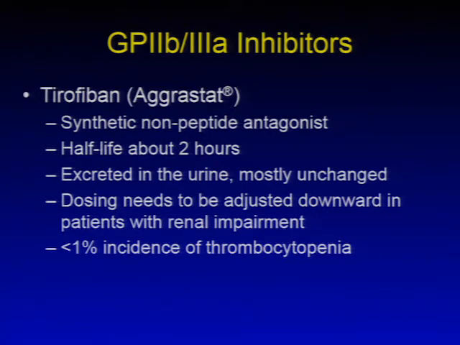Tirofiban, a synthetic non-peptide antagonist, has a half-life of about 2 hours. Is excreted mostly unchanged in the urine. So again, we need to adjust our dosing downward in patients with especially significant renal impairment. And it has a less than 1% incidence of thrombocytopenia.